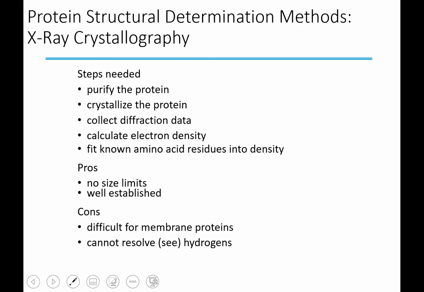Typically, purifying a protein involves doing it with recombinant DNA, and that is taking the gene for the protein sequence that you want to look at and putting that gene into some other organism. Most commonly, it would be a bacteria cell, and then you can have the bacteria cell make a lot of that protein. Then it's much easier to purify.